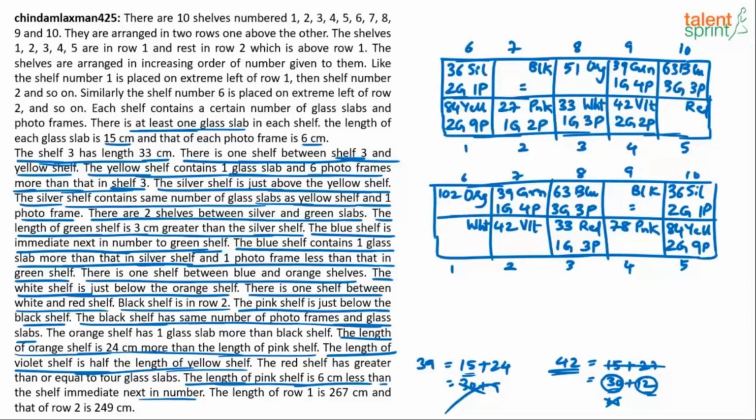Okay, so I think we'll have to do some calculation now. There's no way out. The calculation would be this, based on this statement. See, the orange shelf has one glass slab more than black shelf. Meaning, orange will have minimum 2.